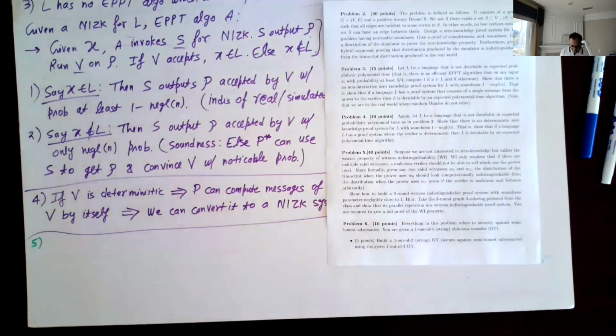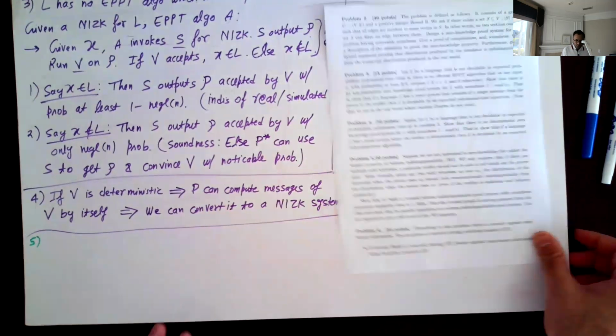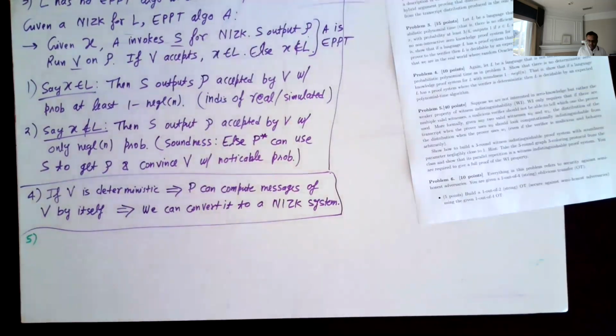And the question asks for building a 3-round witness indistinguishable proof system with soundness parameter very close to 1. And note that we don't have anything like that for zero knowledge, because for zero knowledge you only get soundness half, and then you need to repeat sequentially. And then there was a class in which I explained why parallel repetition does not work for zero knowledge. This is because if there are too many parallel sessions, then the simulator has to guess too much at a time. So thankfully for witness indistinguishability, you can do it one session at a time.